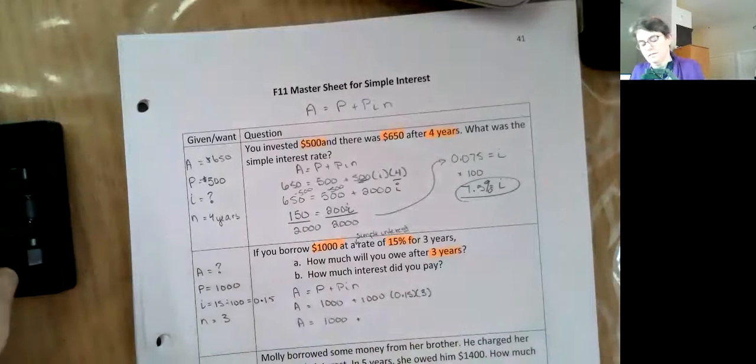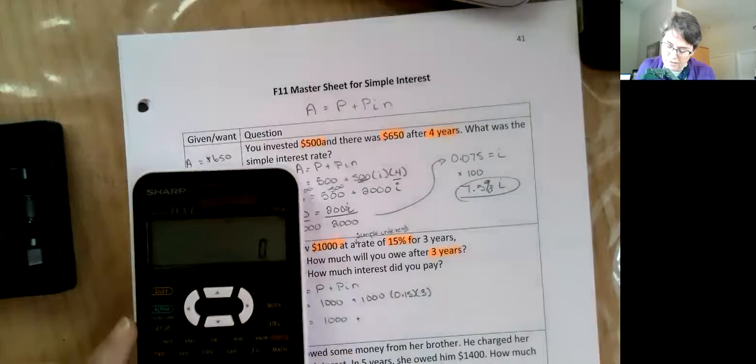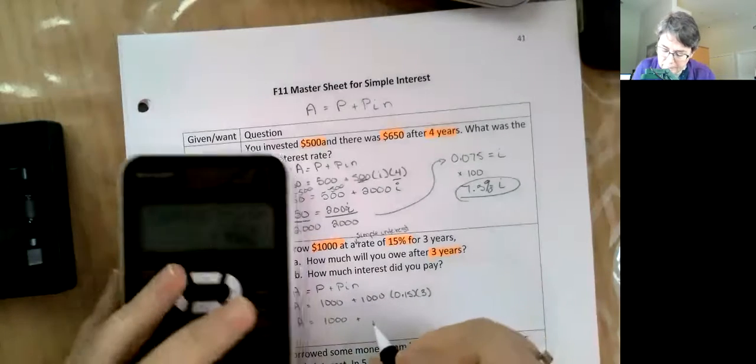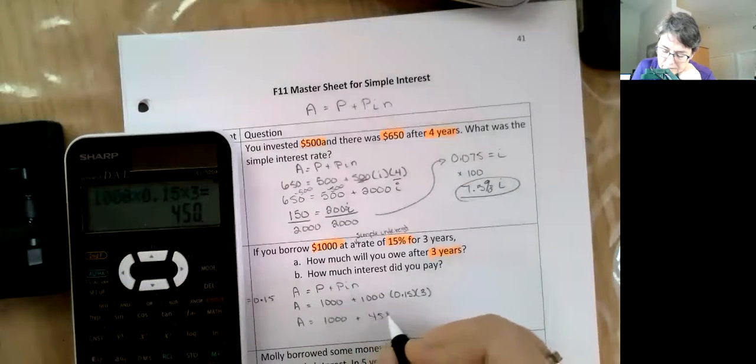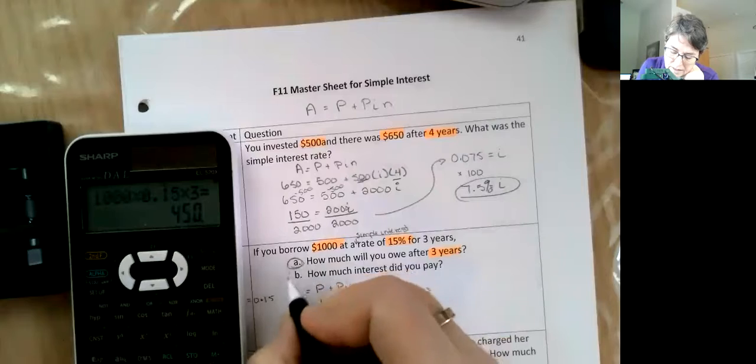I think that's going to be $450. So A is equal to 1,450. That is my answer for A.